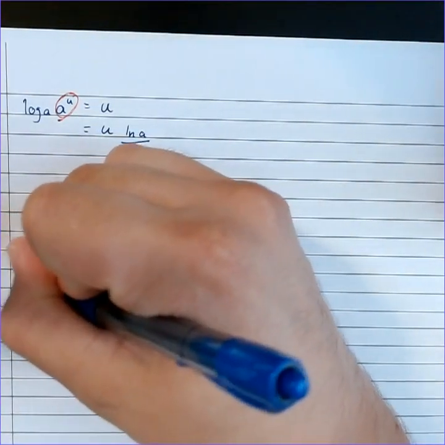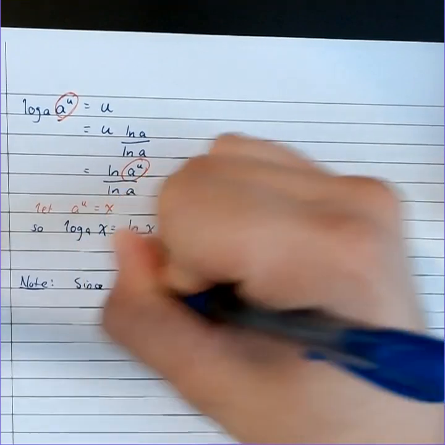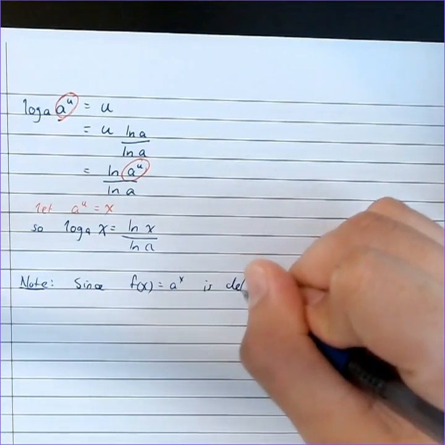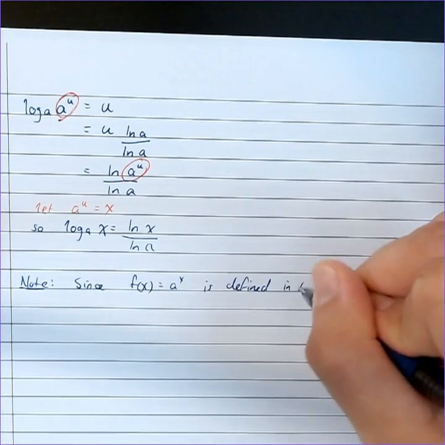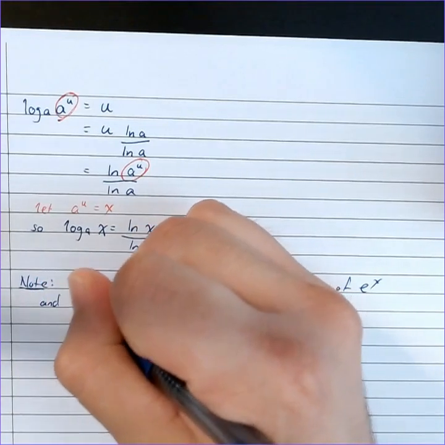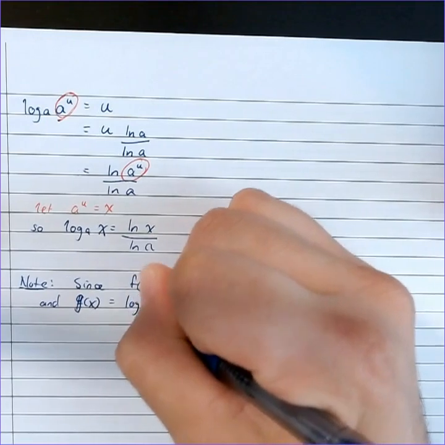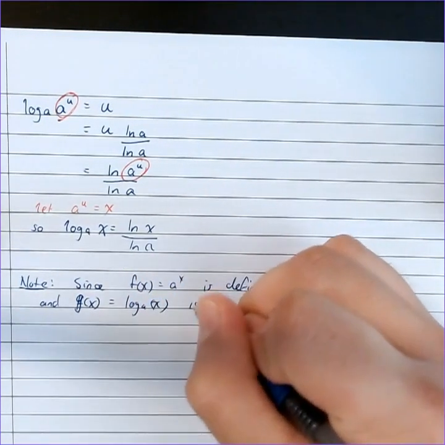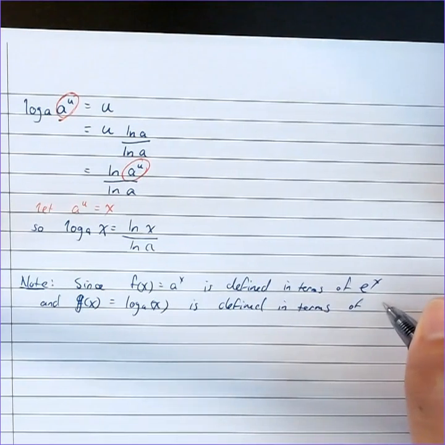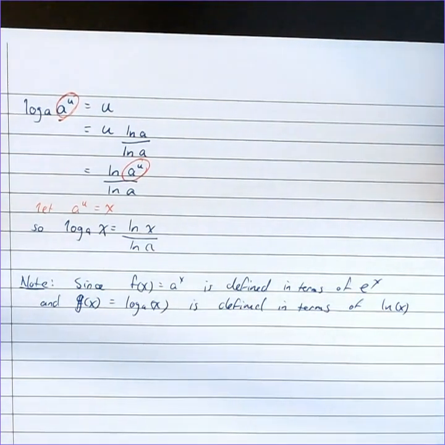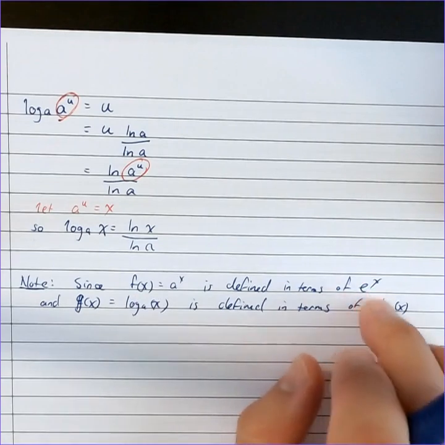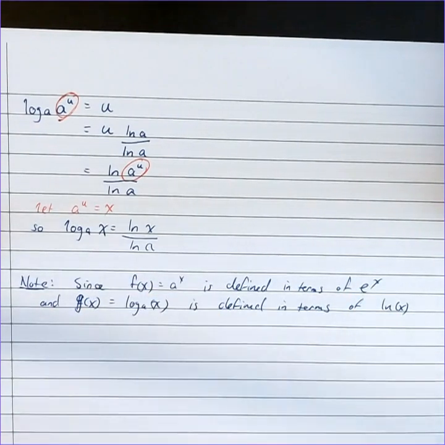Note that because of the way they're defined, since the function f of x equals a to the x is defined in terms of e to the x, and let me use a different name here, g of x equals the log base a of x is defined in terms of the natural log function, natural log of x, then that means that we can expect a lot of these properties that we've had for exponential and logarithms to end up being inherited by these new functions.